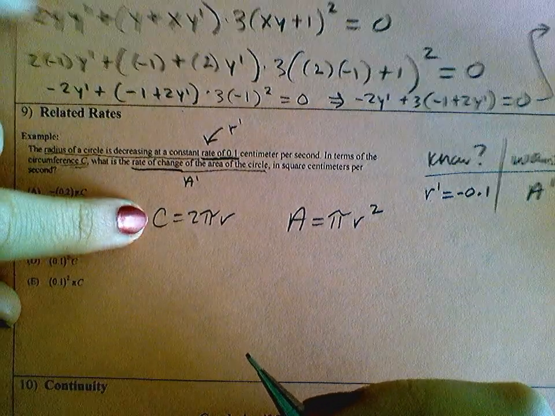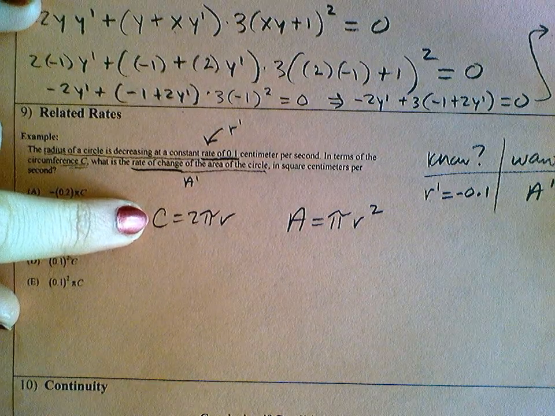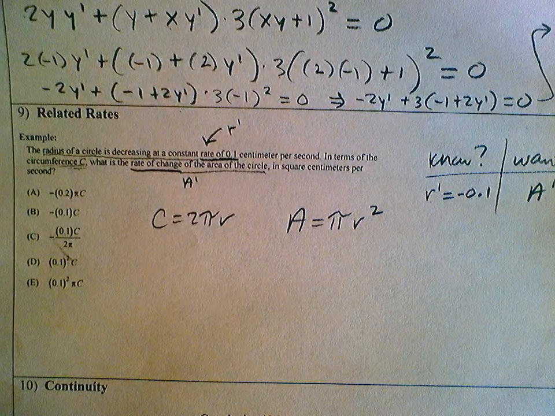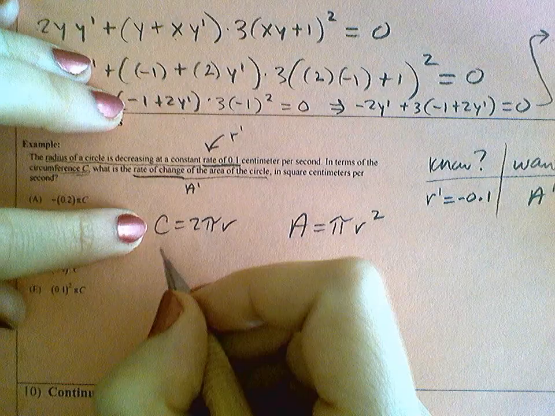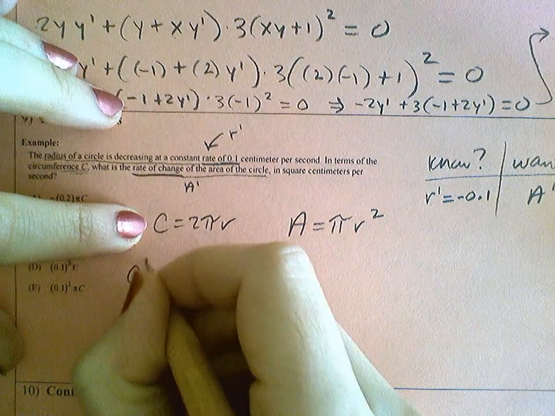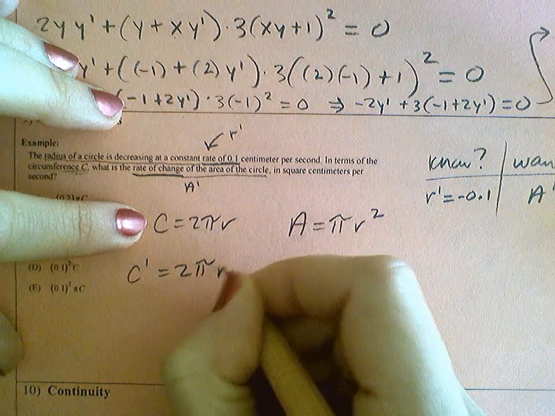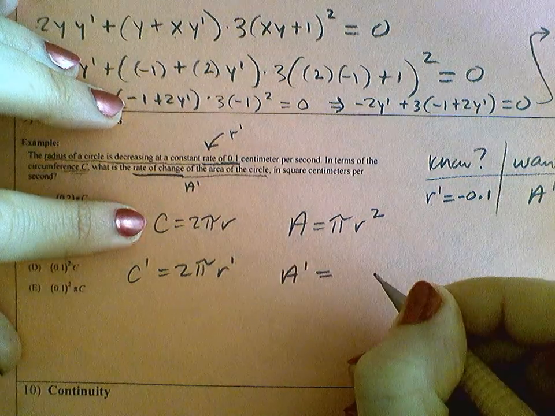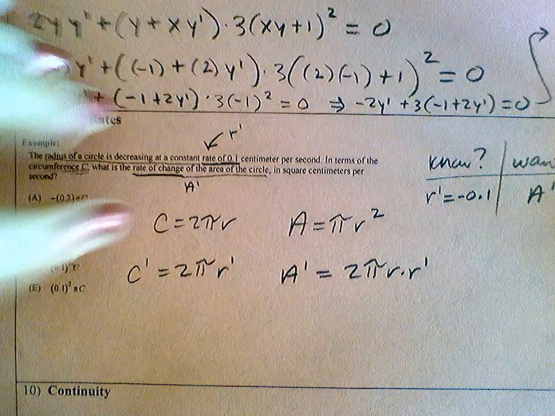The derivative of c is 1, but then you do dc/dt because everything is a function of time, so you're taking the derivative with respect to time. So it's just going to end up being c prime equals 2 pi r prime, and a prime equals 2 pi r r prime.